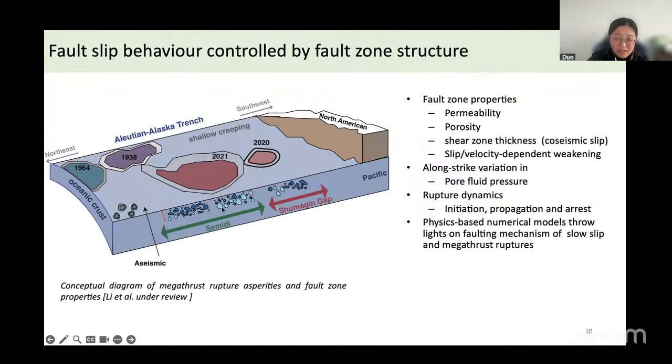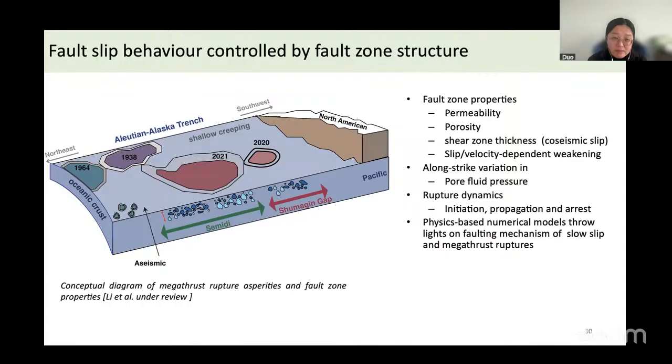So this pore fluid pressure change during the seismic period further weakens the fault and promotes the deep rupture. And the area of this rupture is also consistent with a slip deficit that is constrained by the long-term surface GPS inversion.